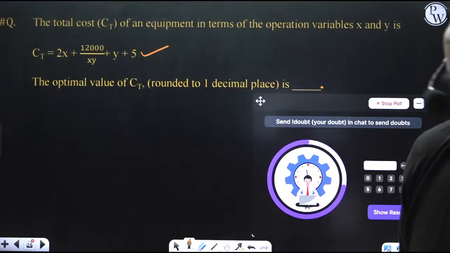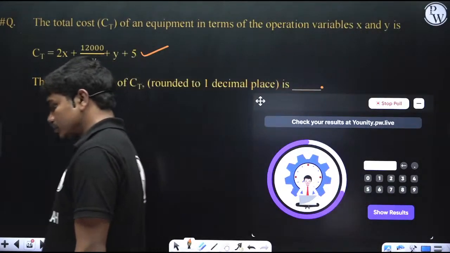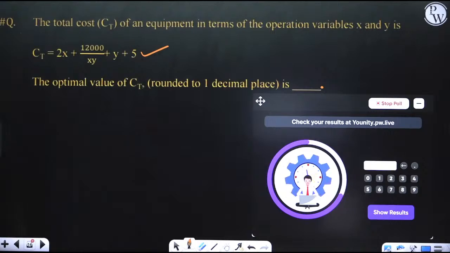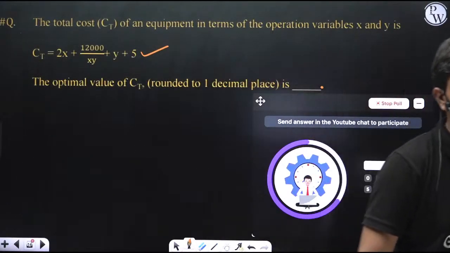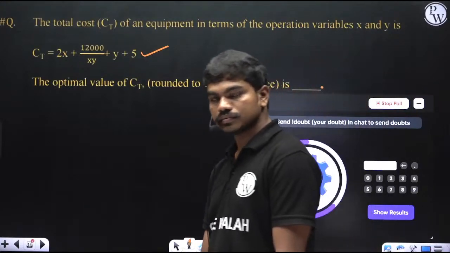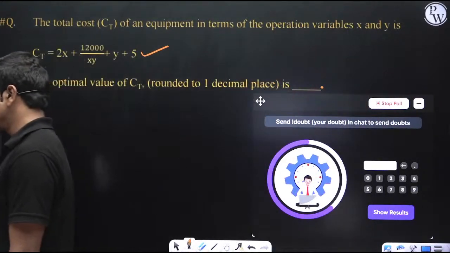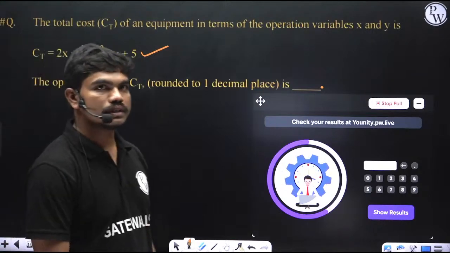Optimal cost equal to 0 means no cost, you're getting it for free, but that doesn't happen generally, right? Maybe let's check. Do the question. Just now you have seen the technique to solve, so work something out.